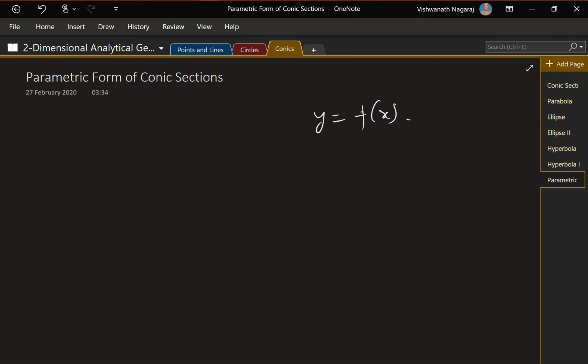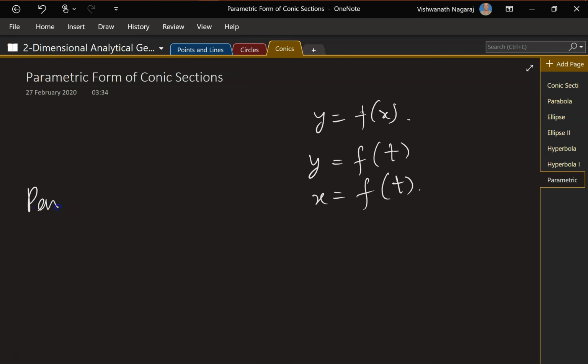But in case of parametric form, y would be a function of some other variable, let us say t, and x would also be a function of t, which means y is indirectly a function of x. So let's see how we can look at parabola, ellipse and hyperbola in parametric form.